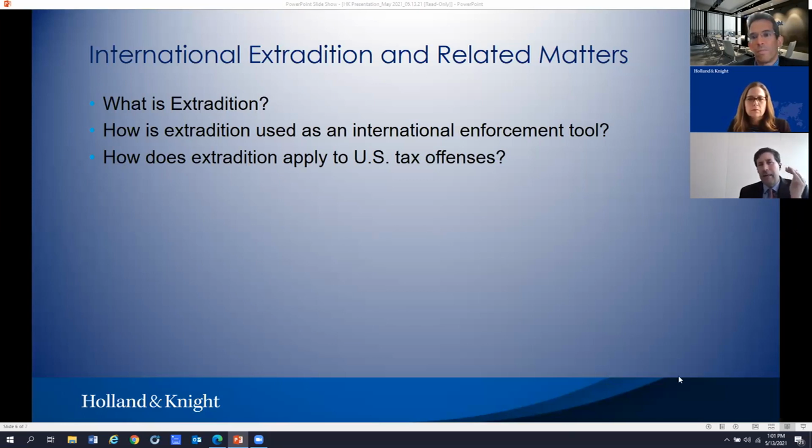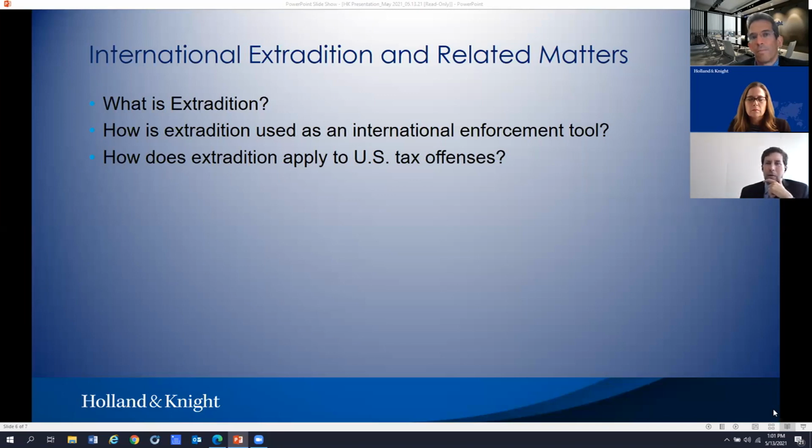So I think the reality is most people who are tax fugitives live their life in a tax haven and try and avoid going to places that they think they may get arrested. I had a client who spent years in Africa, was able to travel back and forth with different countries.